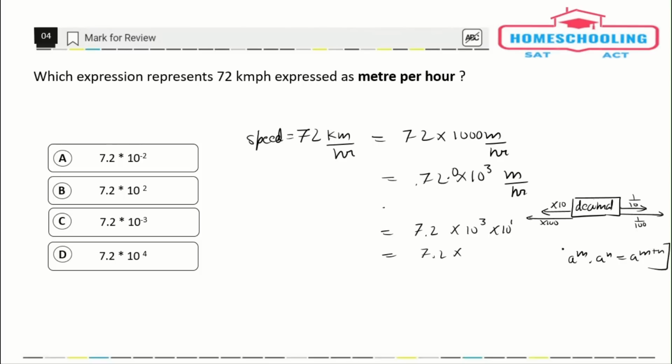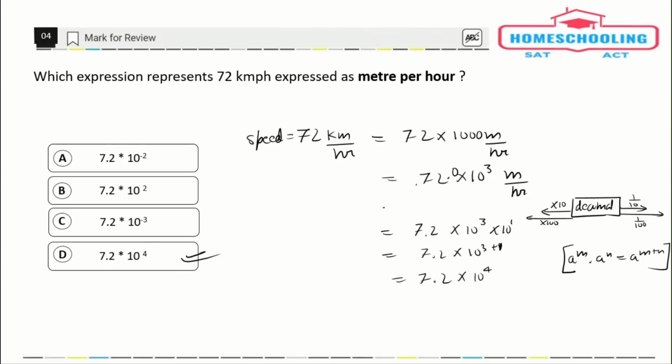We have covered these questions in the exponent chapter. So this one would be 10 to the power 3 plus 1, that would be 4. So your answer would be 7.2 into 10 to the power 4. This is your correct answer.